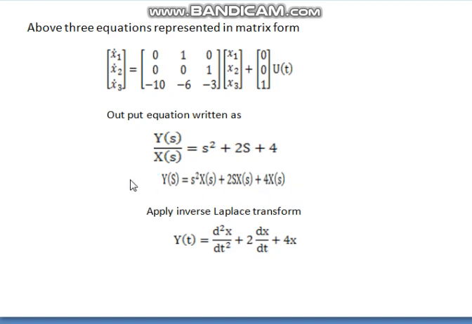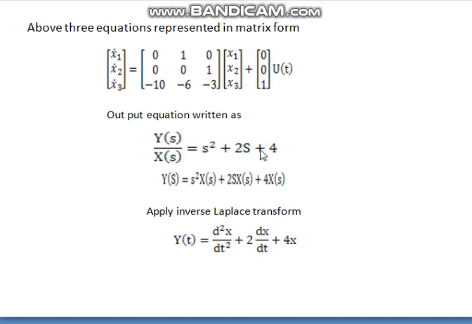By applying the inverse Laplace transform, s square X(s) is converted into d square x by dt square, s X(s) into dx by dt, and X(s) into x. So y of t equals d square x by dt square plus 2 dx by dt plus 4x. I already considered three state variables: x equals x1, dx by dt equals x2, and d square x by dt square equals x3.